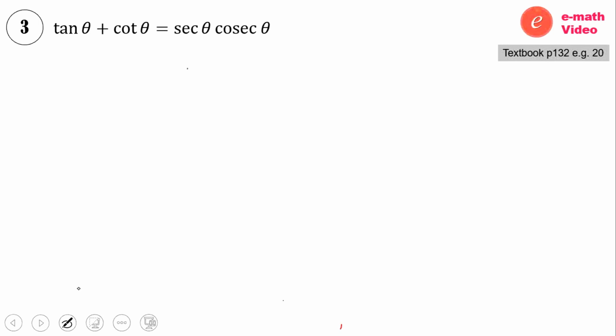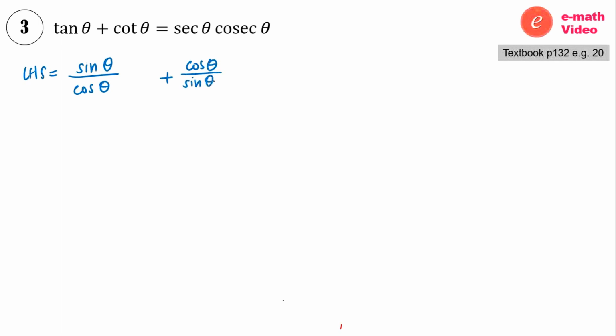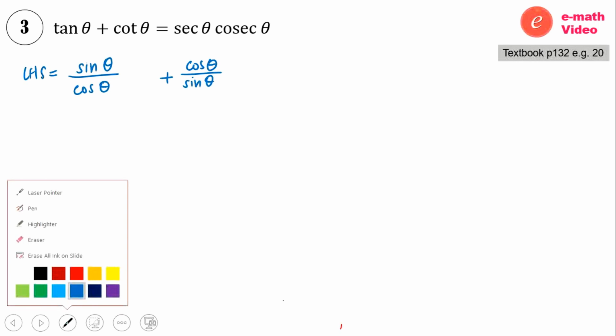Number 3, tangent and cotangent. As you can see on the right hand side, we have secant and cosecant, meaning we need sine and cos. So on the left hand side, we convert this tangent into sine theta over cos theta. Then cotangent is the reciprocal of tangent, right? So just flip cos and sine, plus cos theta over sine theta. To combine these two fractions together, we need a common denominator.